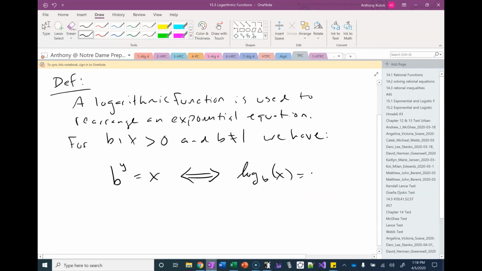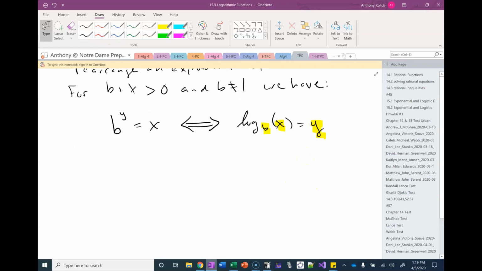So what this logarithm is doing is telling you b to what power gives us x. It's answering the question of what exponent of b gives us a number. So let's keep that in mind.